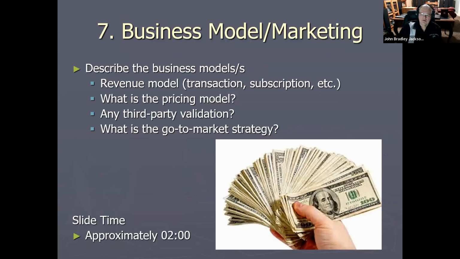So do you have evidence that this is working? And who are these companies or customers that are becoming advocates for you or your disciples? And then finally, how are you going to go to market? Direct to consumer? Are you B2B? Are you going to use brokers? Whatever that is.